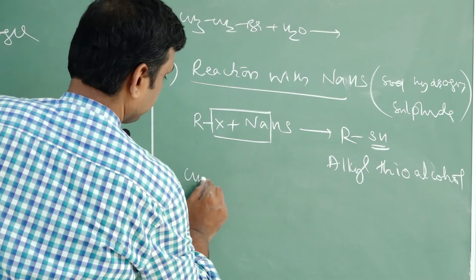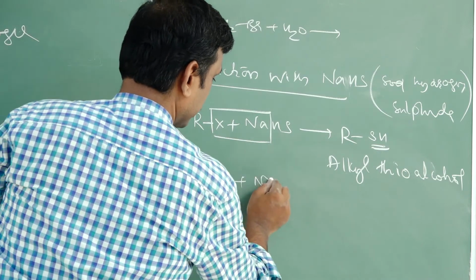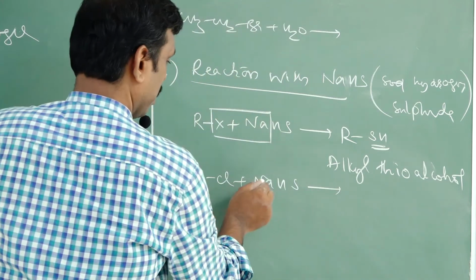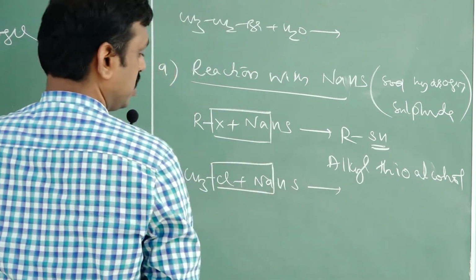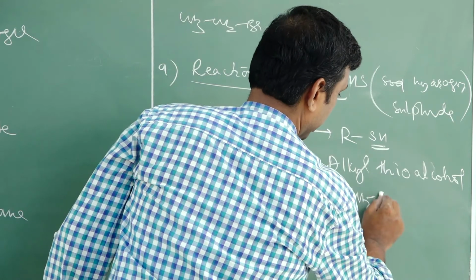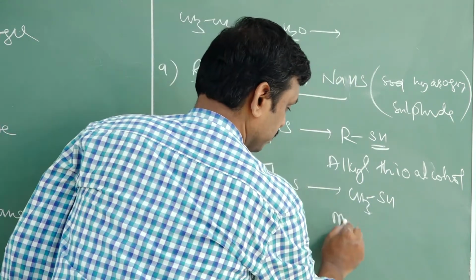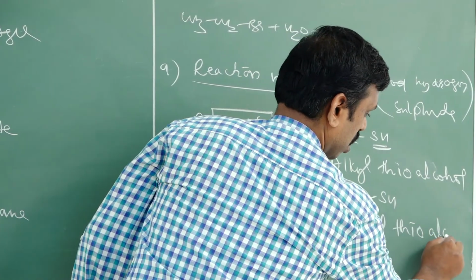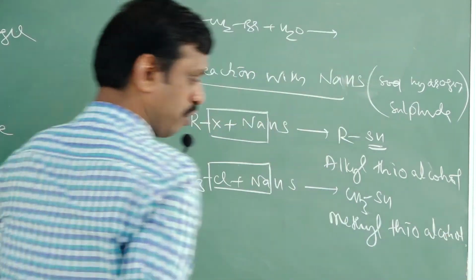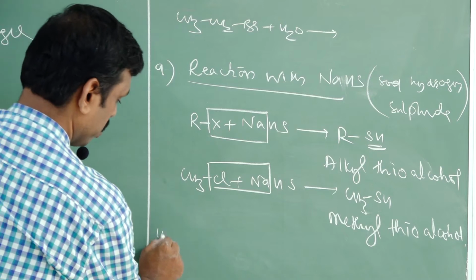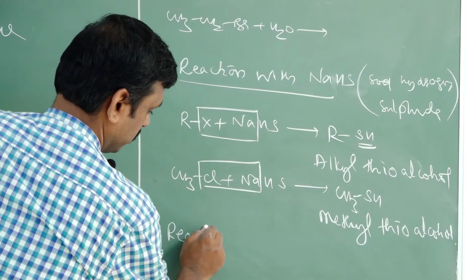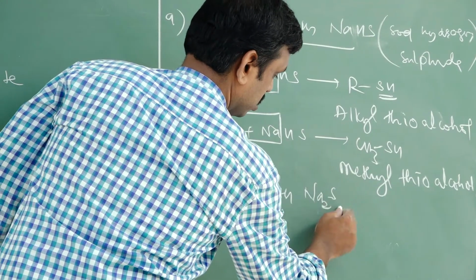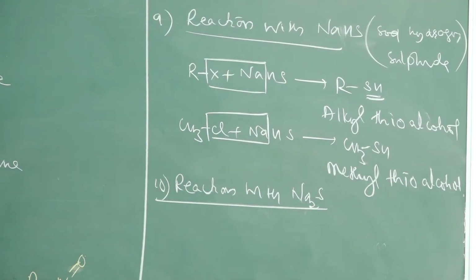For example, methyl chloride reacts with NaHS, you remove the NaCl, and you will get methyl thioalcohol. Methyl thioalcohol is the product. Next, the tenth one, reaction with Na2S, sodium sulfide.